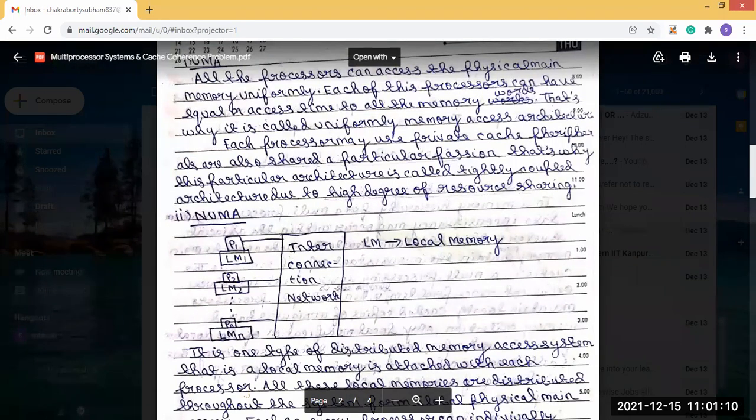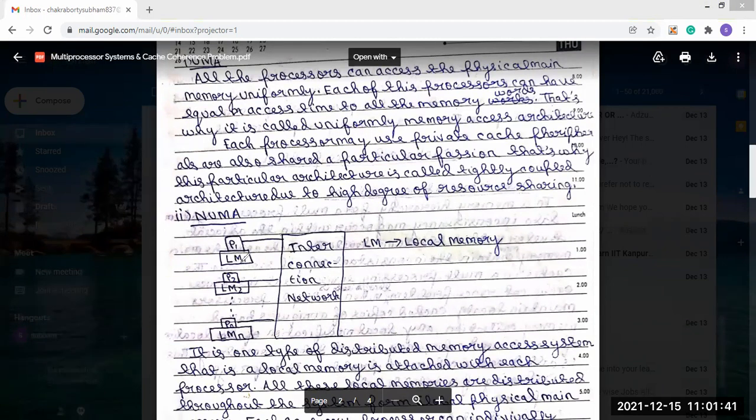That is, a local memory is attached to each processor. Each processor has its own local memory. You see that each processor is connected to the interconnection network. P1 is connected to the interconnection network, P2 is also connected, Pn is also connected to this interconnection network, and each processor has its own local memory.